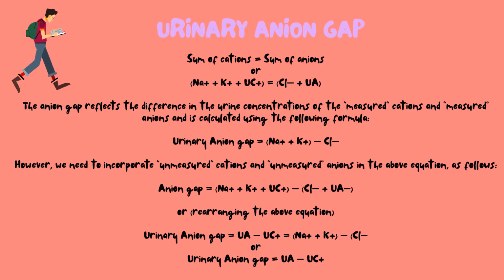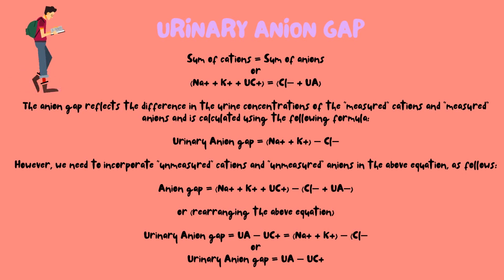Rearranging this formula, sodium plus potassium minus chloride will equal unmeasured anions minus unmeasured cations.